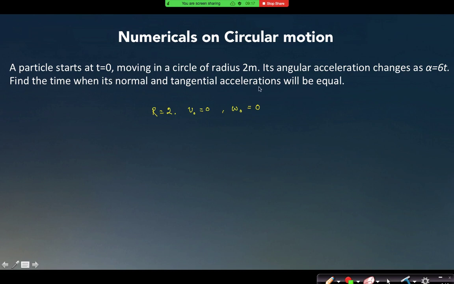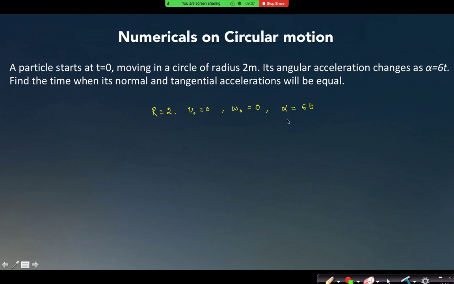It moves in a circle, and its angular acceleration is now a function of time. Alpha is equal to 6t. If alpha is equal to 6t, can I find omega as a function of t? How do I find omega from alpha? Can anyone tell me?